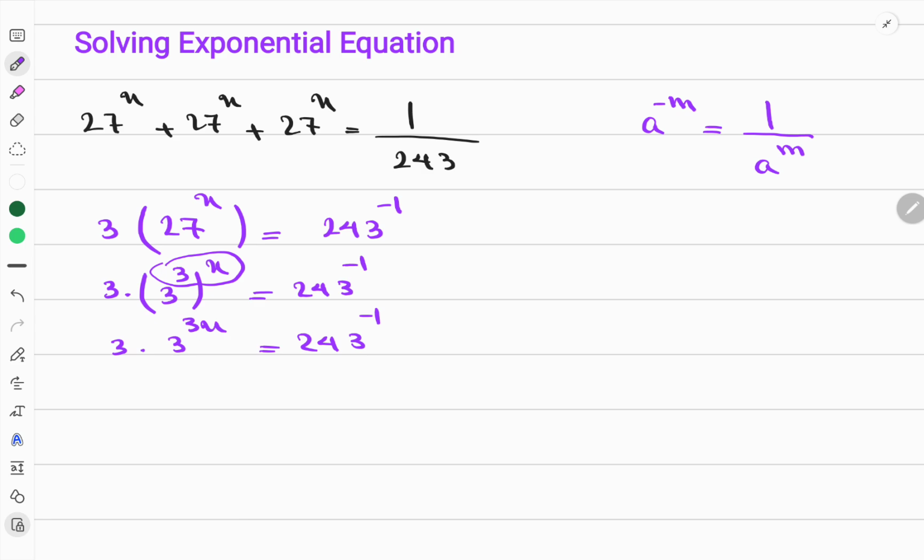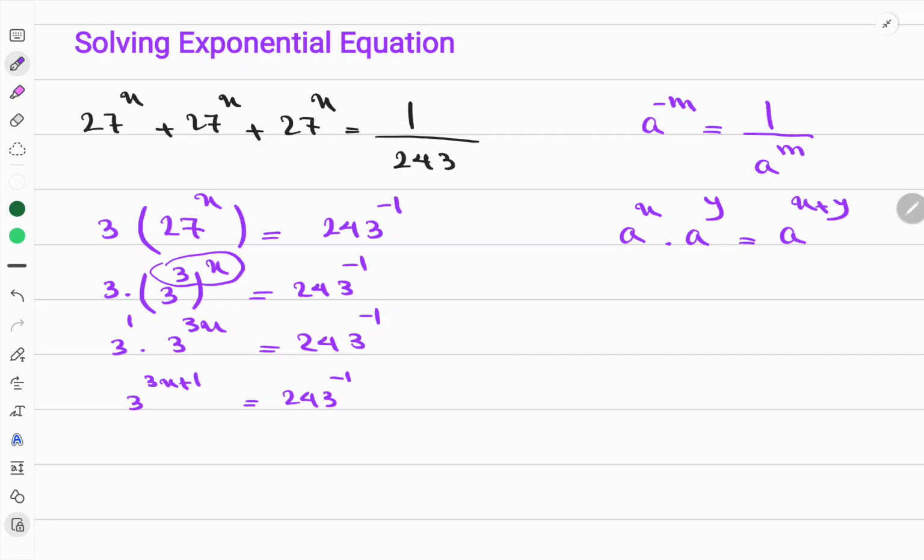And then, according to the product rule, when we have a to the power x times a to the power of y, you can write the same base and add exponents, x plus y. So we have this rule here. Consider the power of 3 as 1. So 3 to the power of 3x plus 1 equals 243 to the power of negative 1.